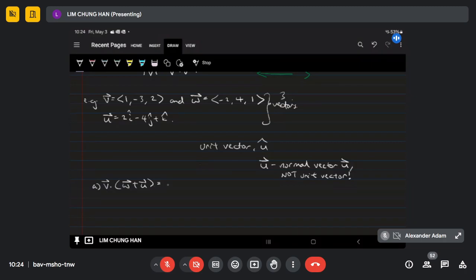So I'm going to write V first. V is just 1, -3, 2. Okay, what is W plus U? How do you do W plus U again? What is vector W plus vector U?